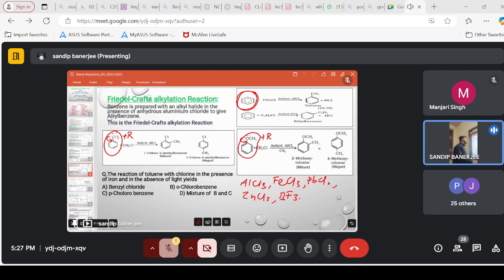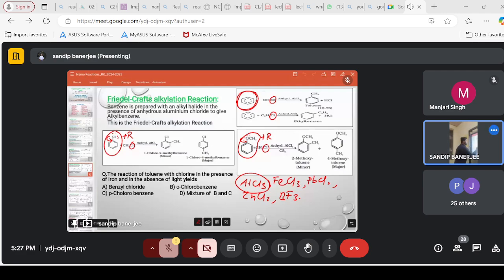But selectively in this reaction, Friedel-Crafts, as per the scientists' names, they use anhydrous aluminum chloride. Here the same logic: aluminum is connected with 3 chlorines, its octet is not achieved, and that is why here it will trap one chlorine.